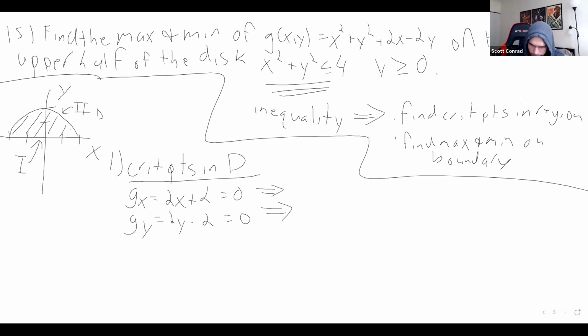Lo and behold, oh, I believe I might have made a mistake on the exam. But yeah, okay, or on the solution. So the first equation tells us x is equal to -1, and the second tells us y is equal to 1.